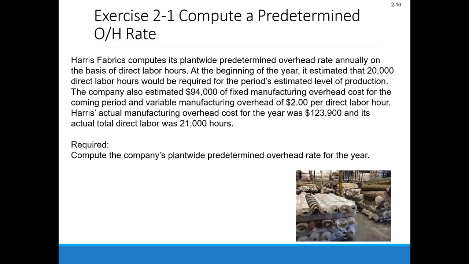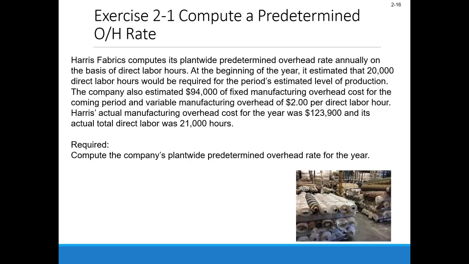So here's an example. Harris Fabrics computes its plant-wide predetermined overhead rate annually on the basis of direct labor hours. At the beginning of the year, it estimated that 20,000 direct labor hours would be required for the period's estimated level of production.